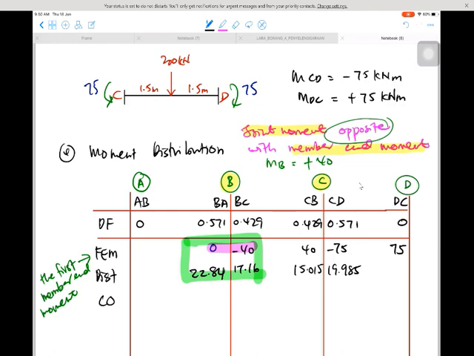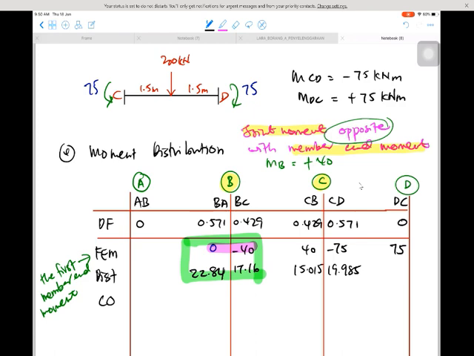All the values in the table are moment values. The first member end moment values in the table come from step number 3, which is the fixed end moment. Please remember that the fixed end moment is the first member end moment in the table. After we put the row for distribution factor, the next row is for fixed end moment.